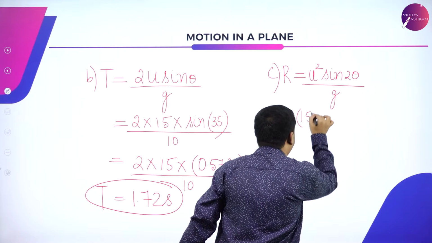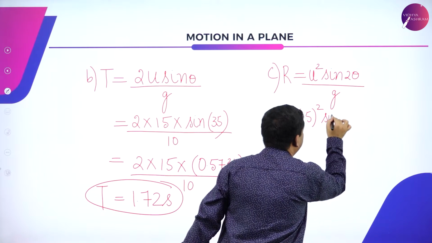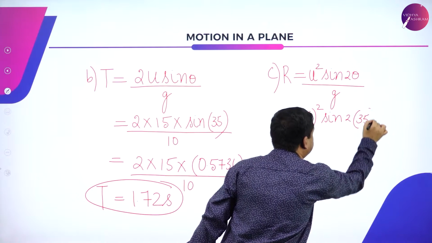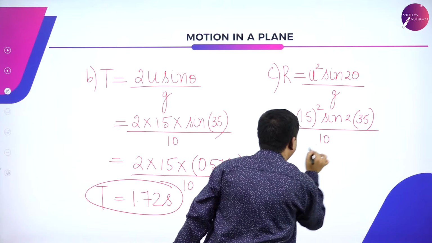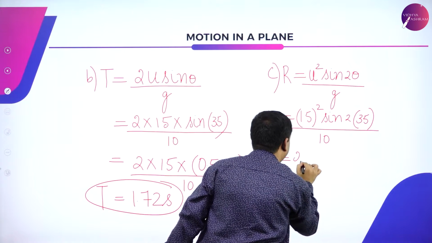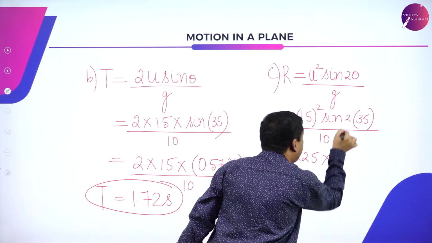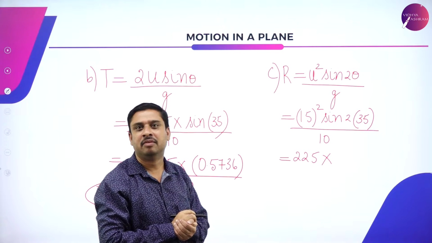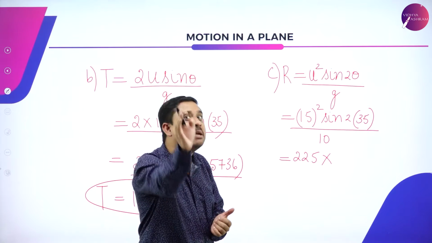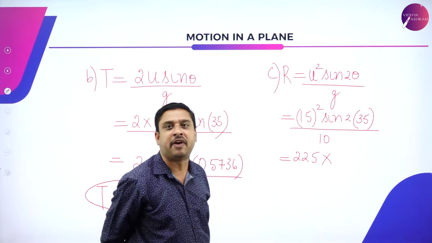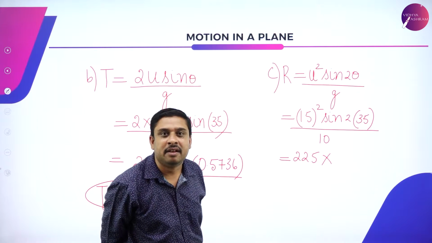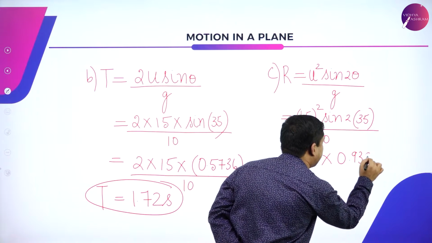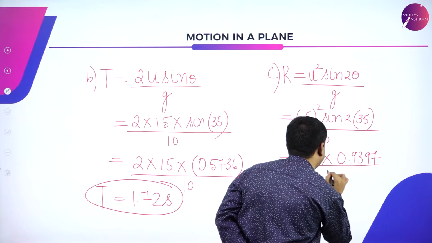So this is 15 square into sine 2 times theta, 2 times 35, by 10. Again 225 into sine 70, 2 times theta, 2 into 35, which is sine 70, which is 0.9397 by 10.